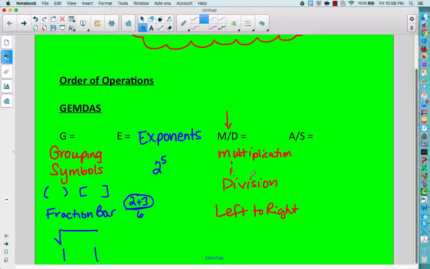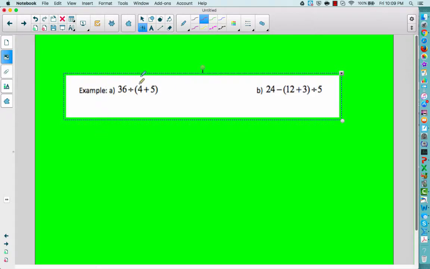Whatever comes first on the left side of the expression is what you'd simplify first. And the same thing with addition and subtraction. You have to go from left to right. Now, if you follow these order of operations in every expression that you have, then you'll always end up with the right answer. All right, so let's look at some examples.